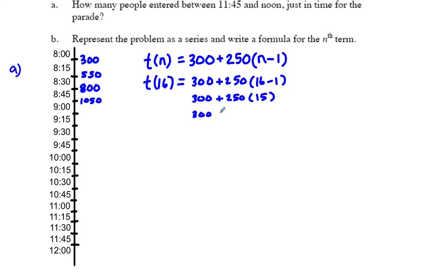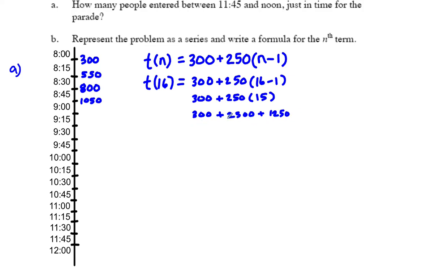We've got 300 plus. Now if I do 10 times 250, that would be 2,500. And then I've got 5 more, which is going to give me half of this, which should be 1,250. Like I said, if you need to use a calculator, go ahead and do it there. We're going to add all these together here.